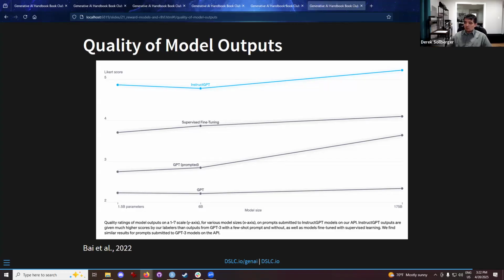And the promise when we do a better job of having the human feedback, reinforcement learning with human feedback, now we're achieving the Likert scores that we see at the top in this system that they called Instruct GPT. And we're getting responses from our chatbots that are indeed viewed as favorable by the people that are using the programs.